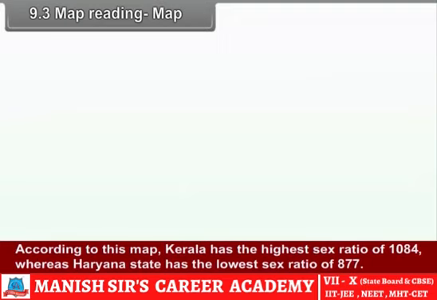Besides shades of color, actual sex ratio of each state is also given. According to this map, Kerala has the highest sex ratio of 1084, whereas Haryana state has the lowest sex ratio of 877.